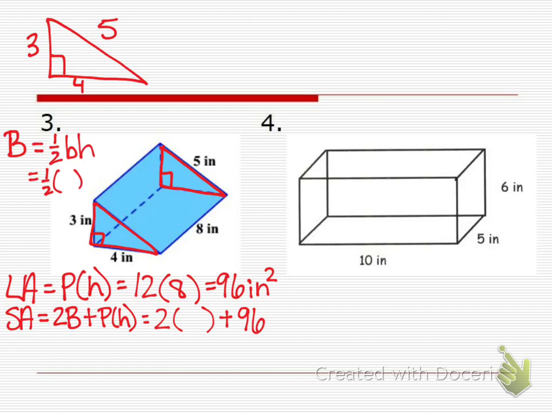So I'm going to take 1/2 times what? 3 times 4. What is 1/2 times 3 times 4? 6. You could take the 3 times the 4 first if you want to, and then take half of it. Either way, you should get that capital B equals 6, so we can plug that in.